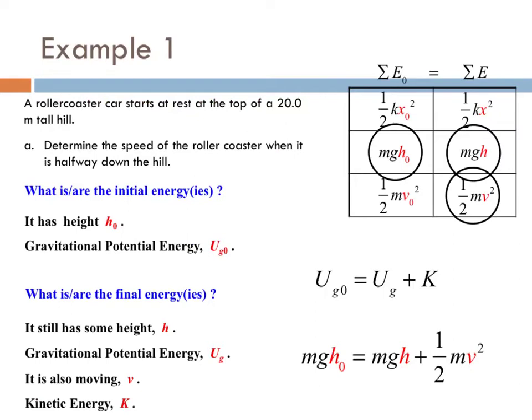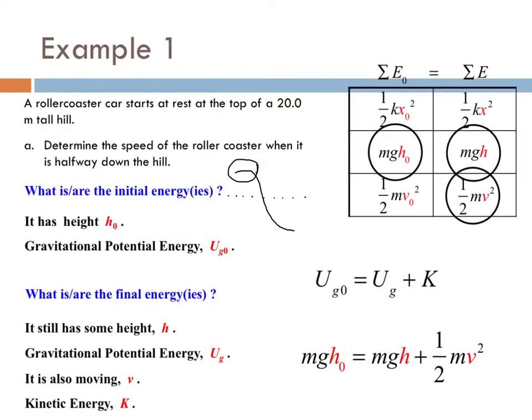So here we have a roller coaster that starts at rest at the top of a 20-meter tall hill. Determine the speed of the roller coaster when it reaches halfway down the hill. So this is where we begin, and here in the middle is where we want to determine our energies.